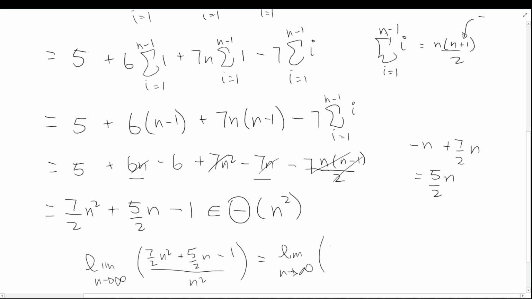Computing the fractions, we're going to now get 7 halves plus 5 over 2n minus 1 over n squared, which hopefully we can see, not too much effort, is going to be 7 halves after these two go to 0. Remember, a non-zero constant means that the theta relationship is what we found.